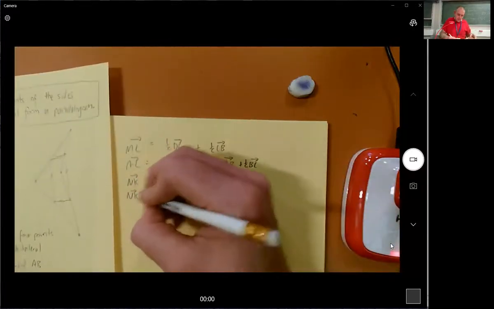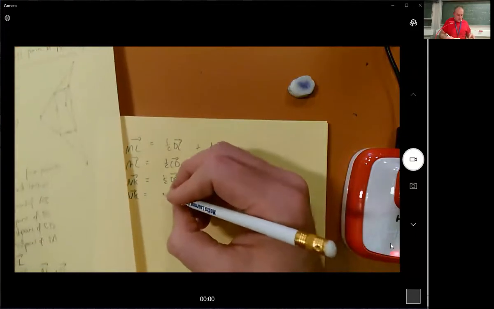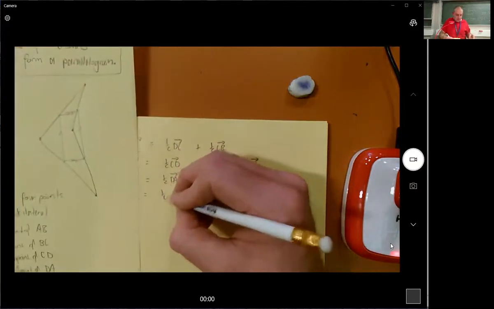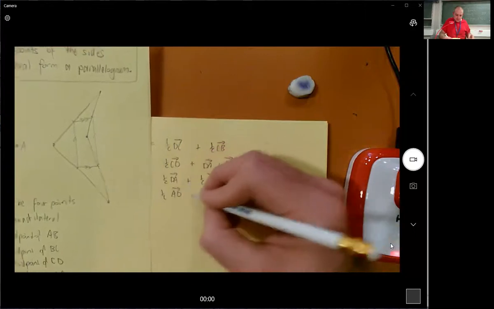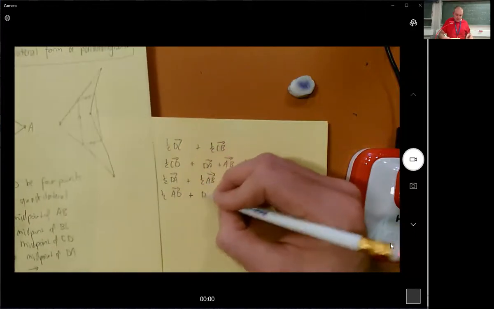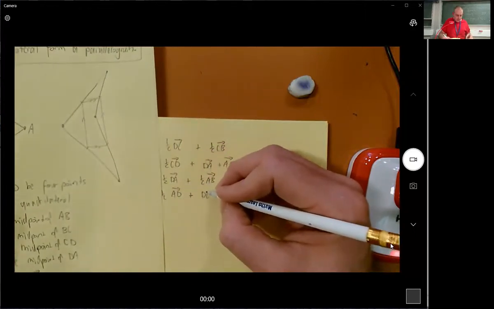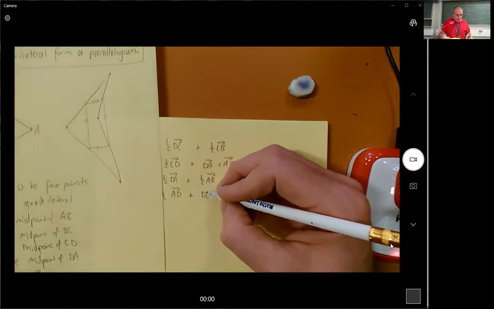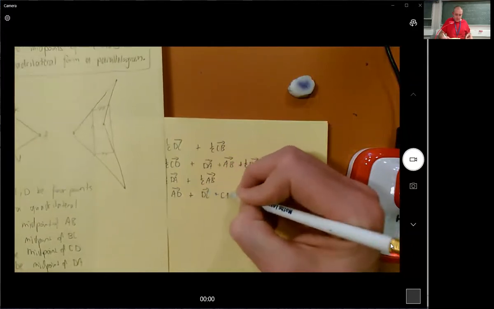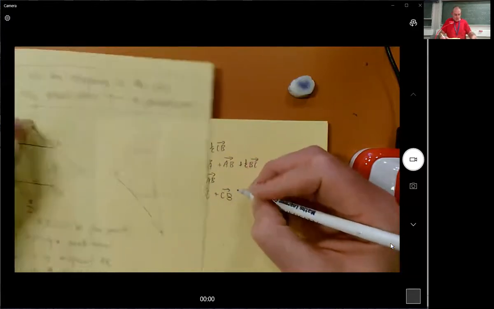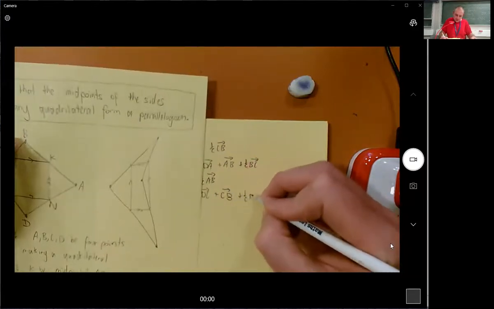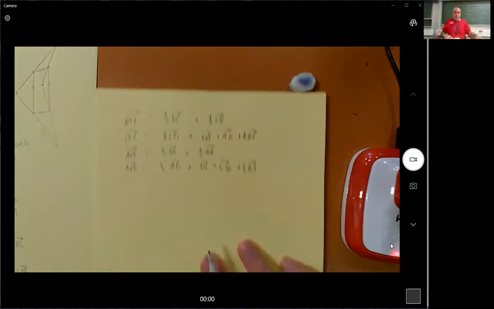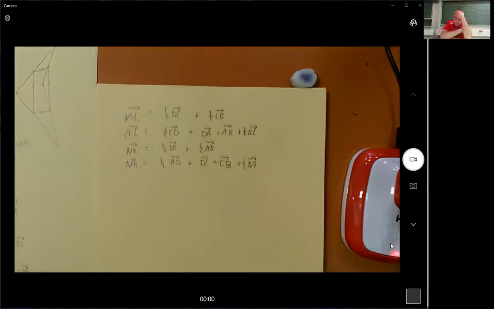And NK is also equal to ND, which is half of AD, plus DC, which is fine, plus CB, and then plus BK, which is half of BA. Okay.